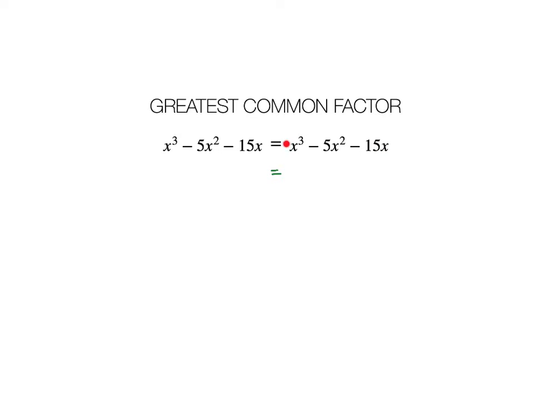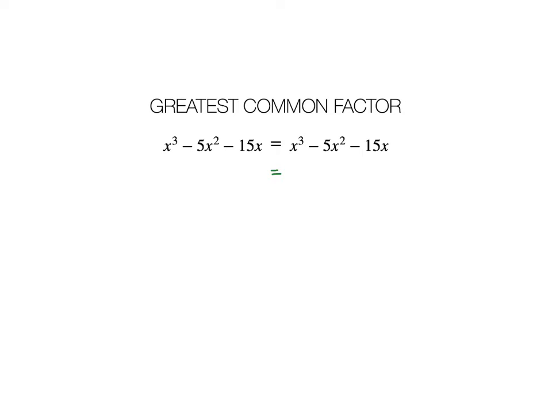The first thing you would check is coefficients, but this only has a coefficient of 1 right there. So the biggest number everybody is divisible by would just be 1. That doesn't do us any good. Then we look at our variables. To decide on what variable you can take out, just look at all the x's, and you want the lowest exponent on any of them. In this case, a single x to the first.